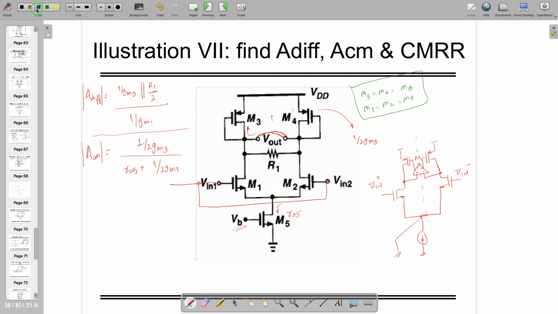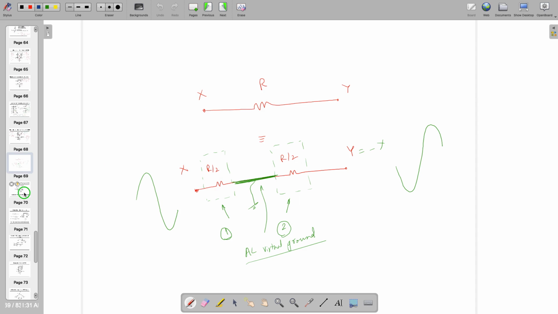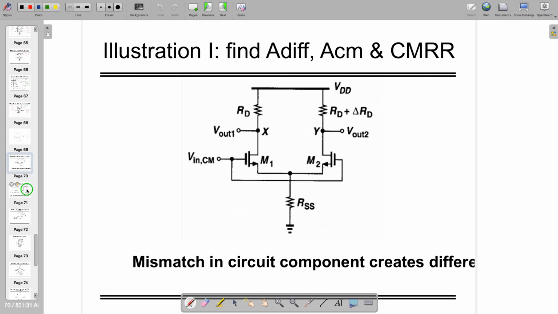But in the case of common mode, this will be shorted together, so it's not going to have any impact. Similarly, this is also shorted, so it's not going to have any impact, right? So remember this and apply this theory accordingly.